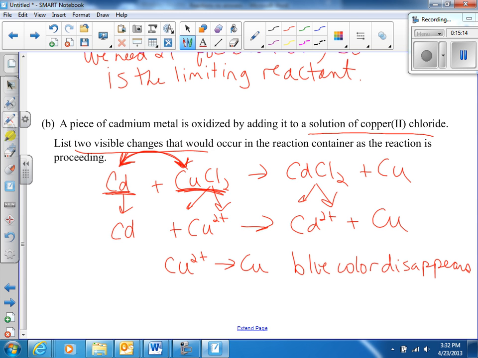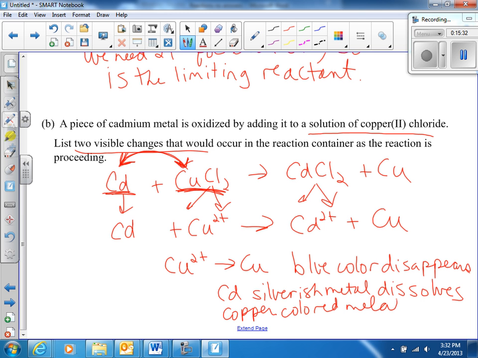And the cadmium is sort of a silverish color, so the silverish cadmium metal dissolves, or looks like it goes away, and copper colored metal appears. So we'll have a dark silver metal disappearing, a copper colored metal appearing, and the blue color of the copper ion disappearing. That was 3 things.